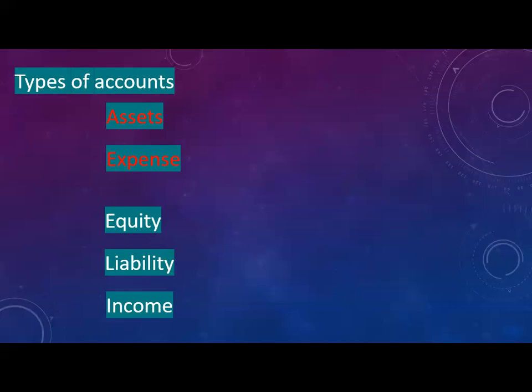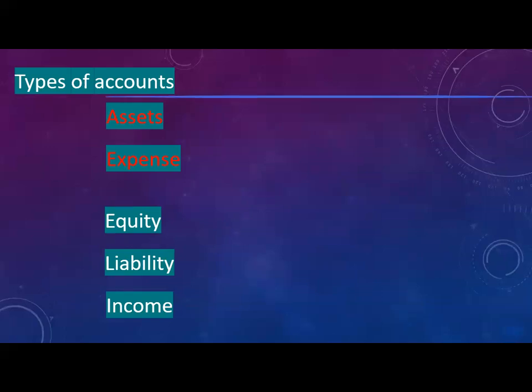Likewise, in accounts, always the asset and expense come to one category. Equity, liability, income come to another category. So the rules for asset and expense are the same, and the rules for equity, liability, income are the same. That's why I write in this order.